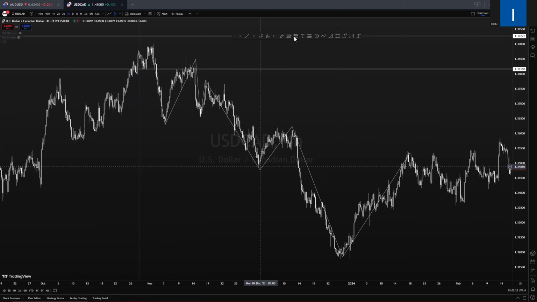So you can easily identify that this is a lower low, this is a lower high. Prices broke this point here from this lower high, and then we created a new lower low, then we created a new lower high, then we created a new lower low.